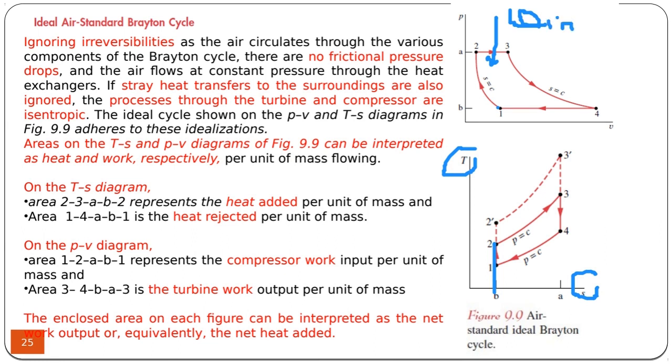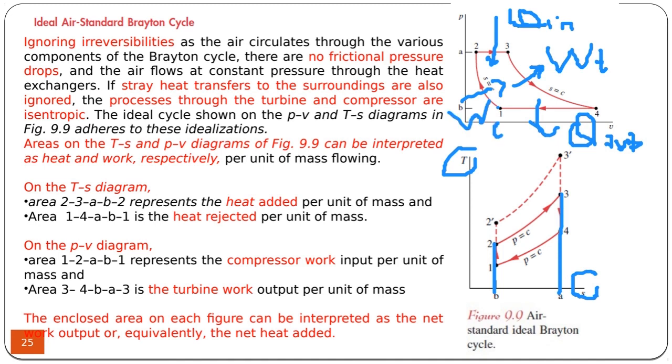So this is a constant pressure line. Then we have turbine work, which is the expansion inside the turbine, which is also isentropic, which means expansion takes place isentropically. Then heat removal in the second heat exchanger takes place in constant pressure as well. So here we have W compressor, Q in, W turbine, Q out.